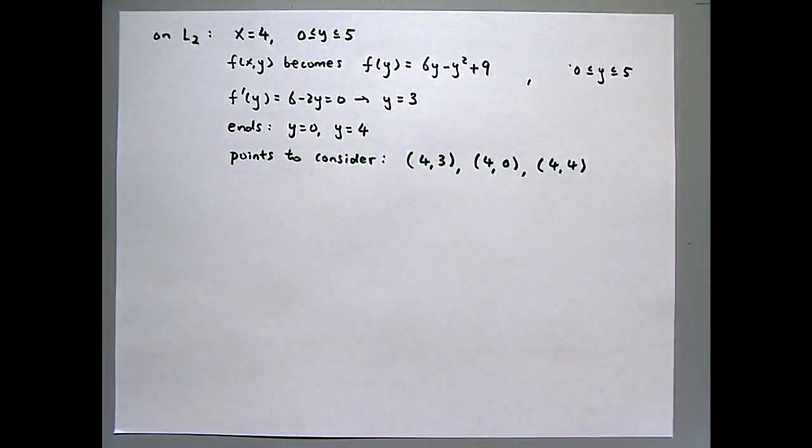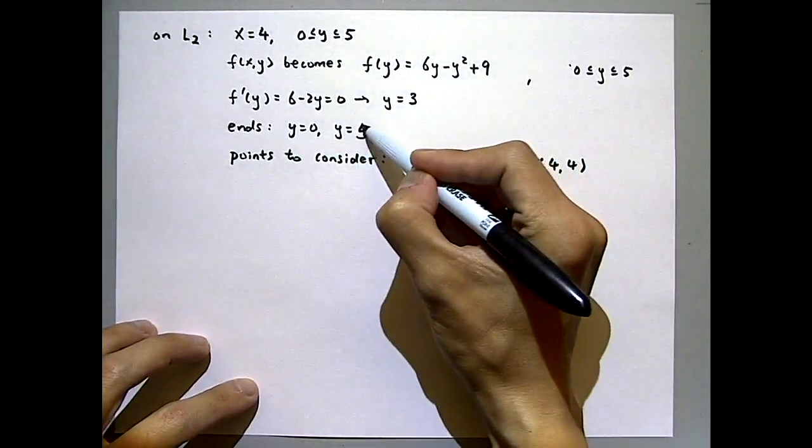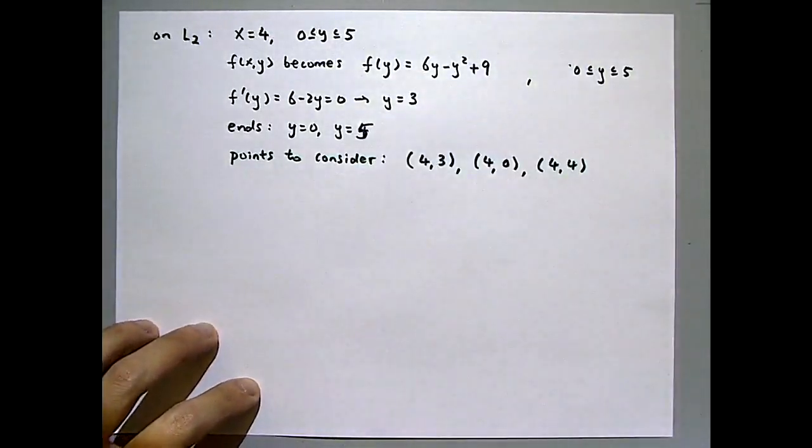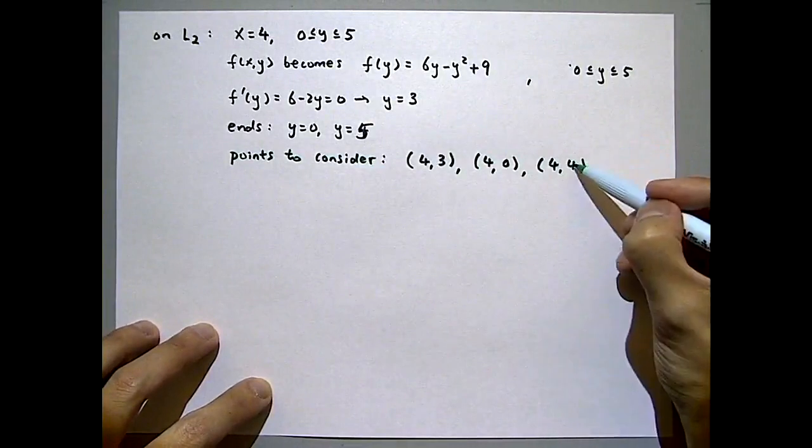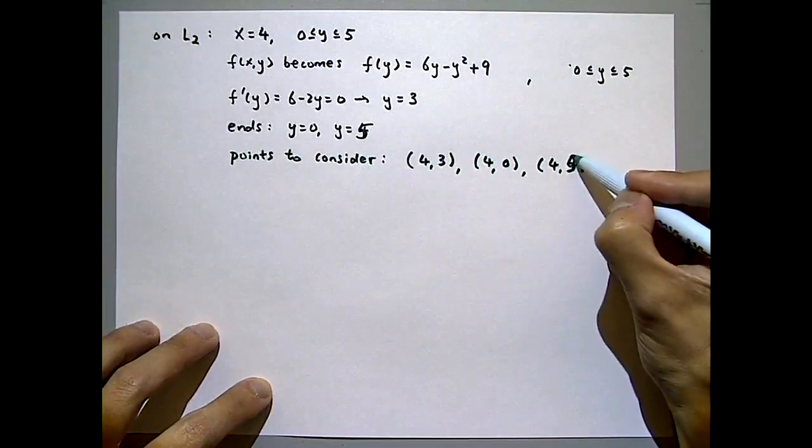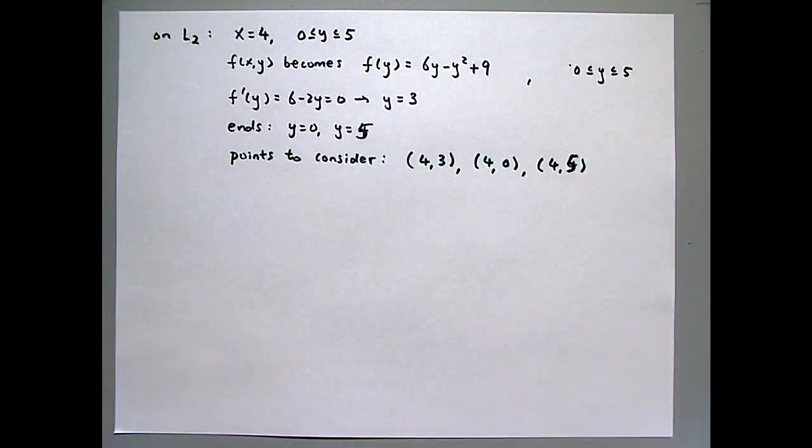Oh, 5, I'm sorry. So what do I need to fix? This one, right? And notice that one of these points is duplicating what we found earlier. That's okay, because L1 and L2 share a point. So that point is the point we have to consider.